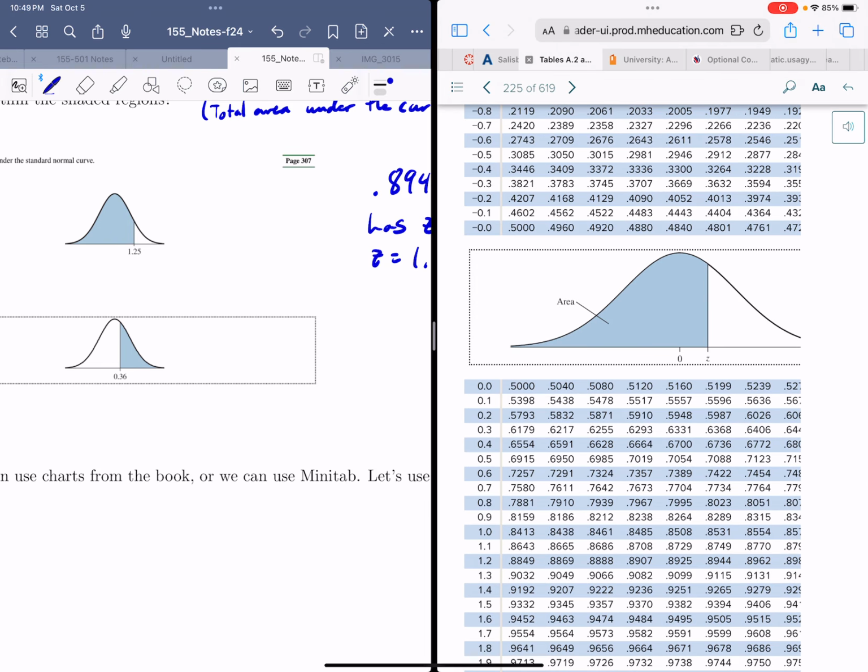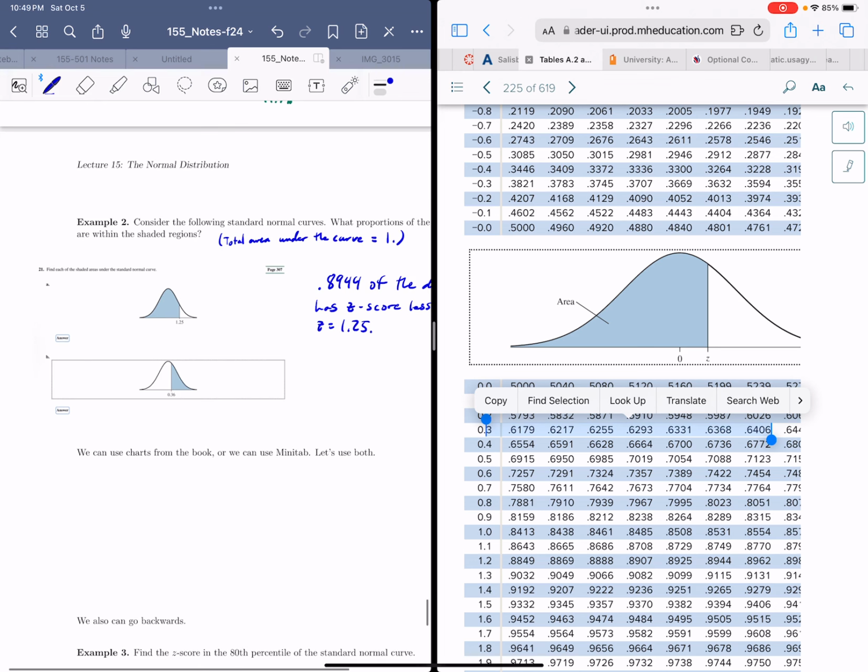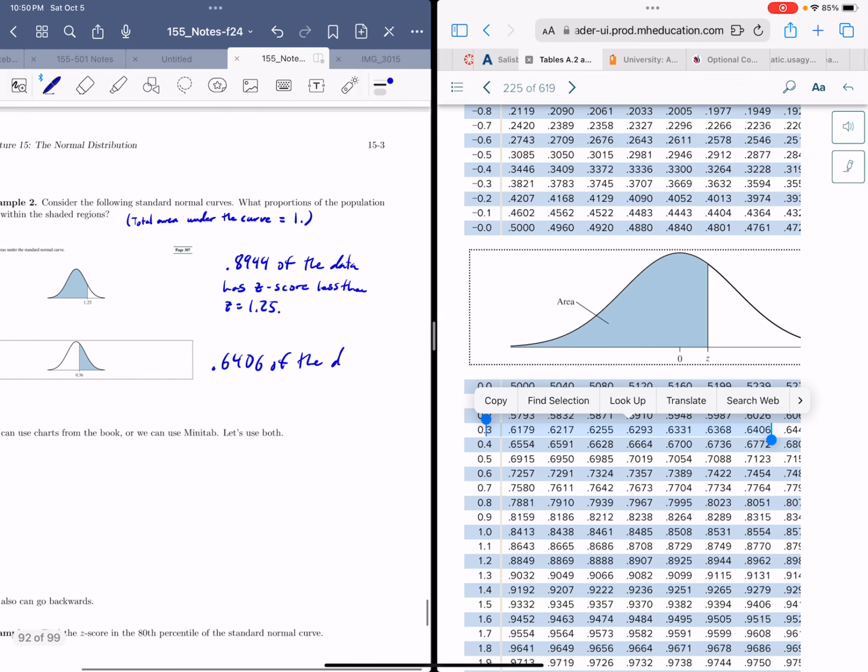So what we have to do is just a little bit more work, just a little basic subtraction. We're using complements here. We find 0.36. This is 0.3. 0, 1, 2, 3, 4, 5, 6. Aha. 0.6406. So 0.6406 of the data is to the left of z equals 0.36.